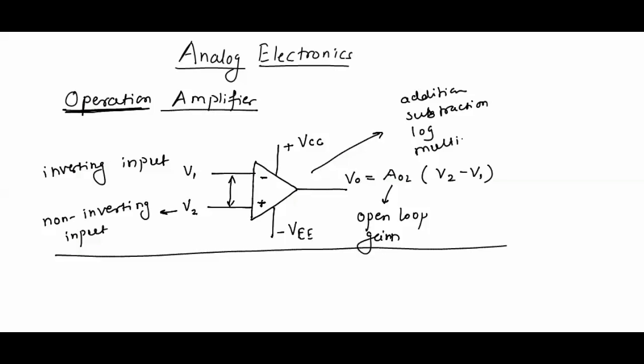These operations can be performed using this operational amplifier. Means circuits can be designed using this operational amplifier for performing these mathematical operations. So as it can perform these mathematical operations, it is called operational amplifier.